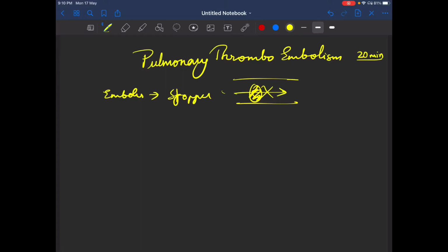Mainly in lungs it happens due to two main reasons. One is DVT and the other is hypercoagulable states.